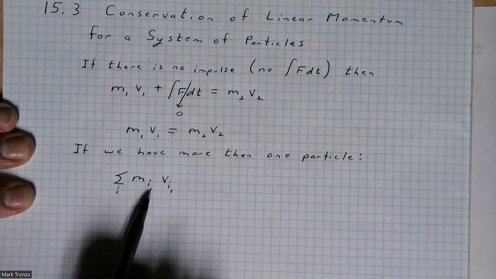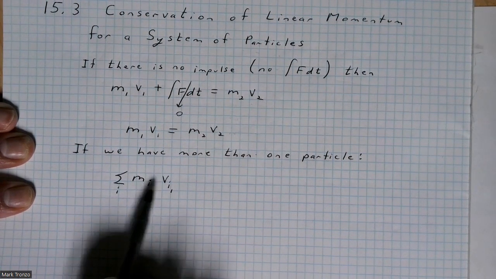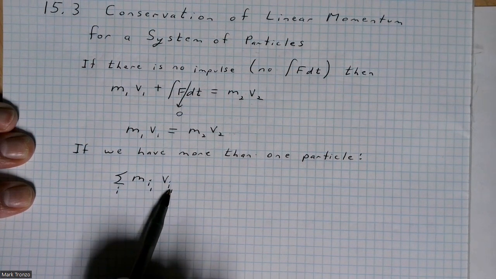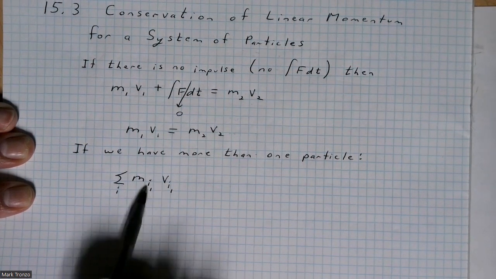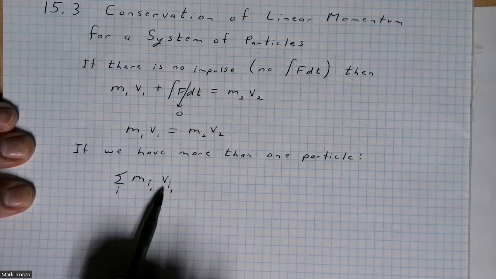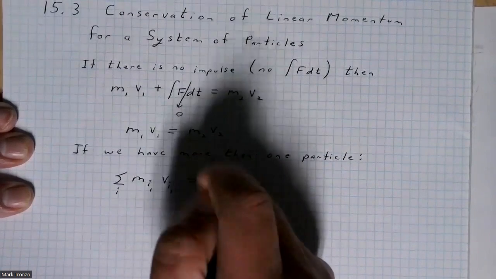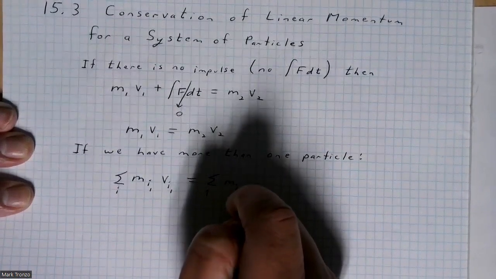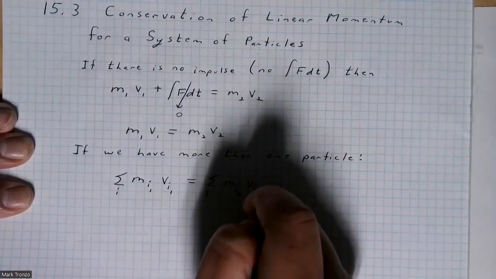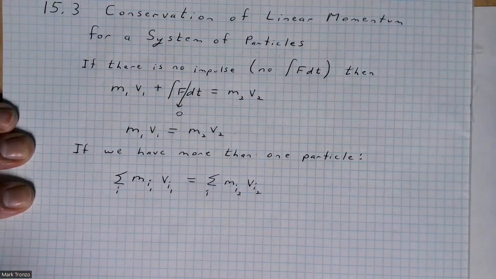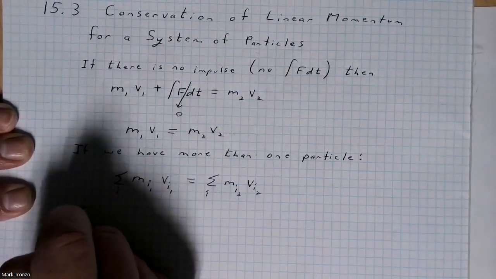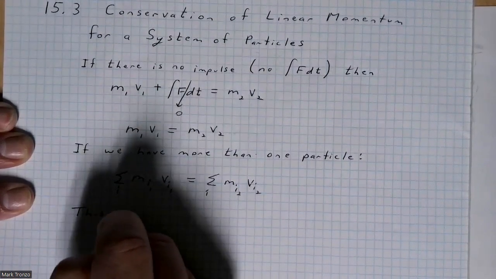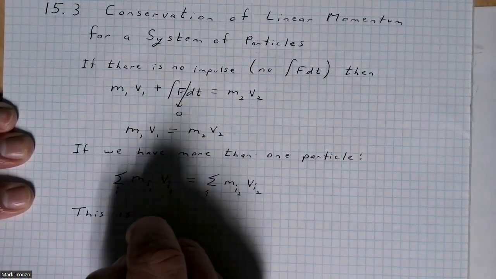What I'm saying here is that this would be the first state. Say it's state one, we would sum up all the mv's for each particle that we have, for i is 1, 2, 3, up to however many particles we have, and do the same thing at state 2. So this is called conservation of linear momentum.